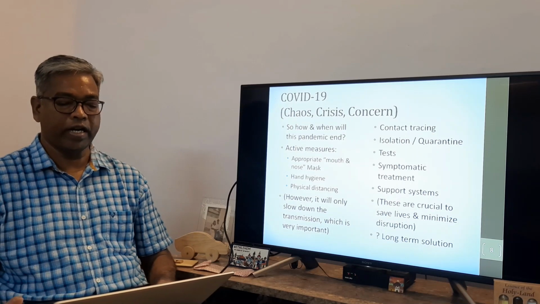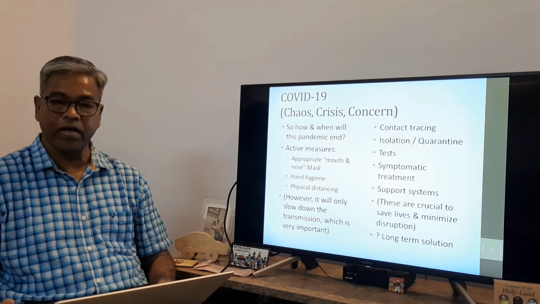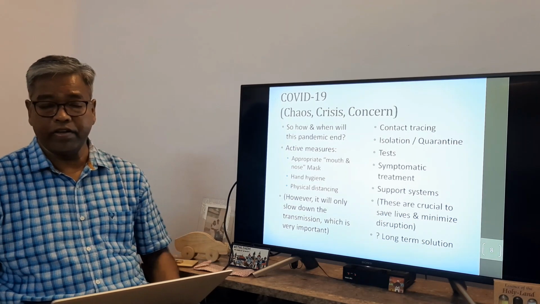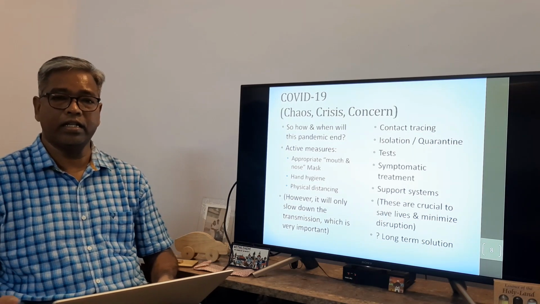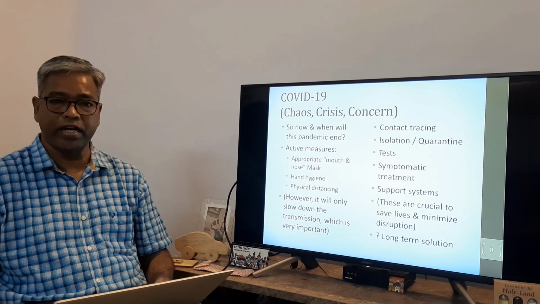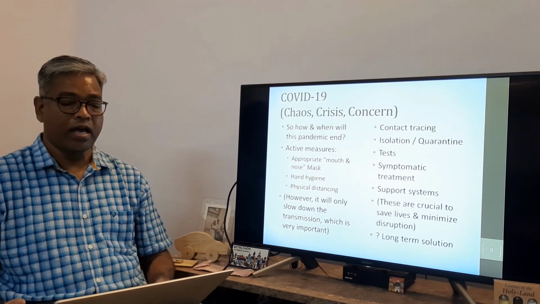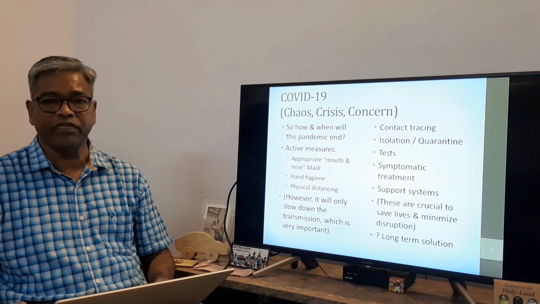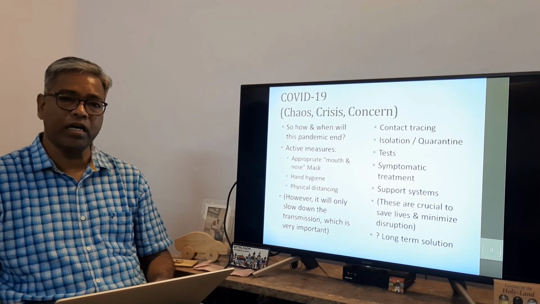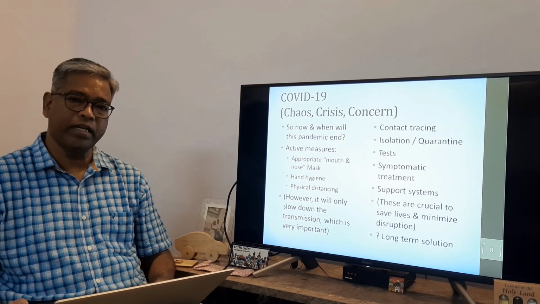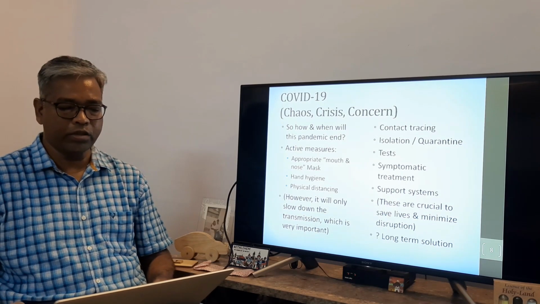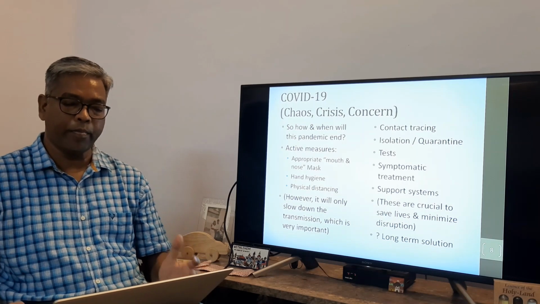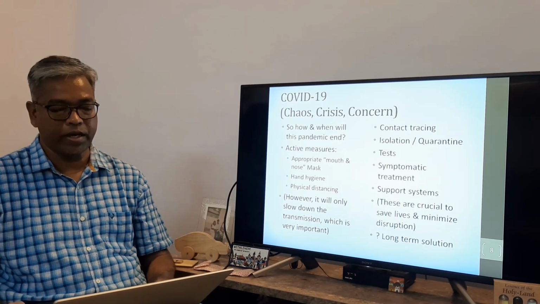When I say appropriate, I mean it is covered well and the layers are good. N95 is one, of course, but there are others, which are 3 layered, 5 layered, sometimes 7 layered masks. That is very important. It's not the handkerchief that you tie around, or the gamcha, the towel kind of thing, the thin cloth that you just wrap around. That is important, but a proper, appropriate mask is very important.